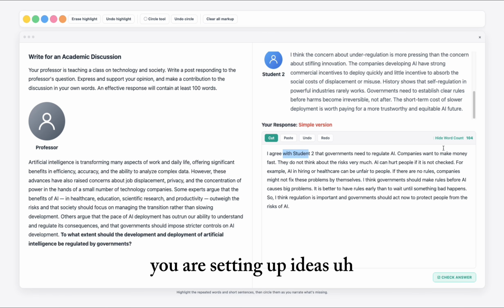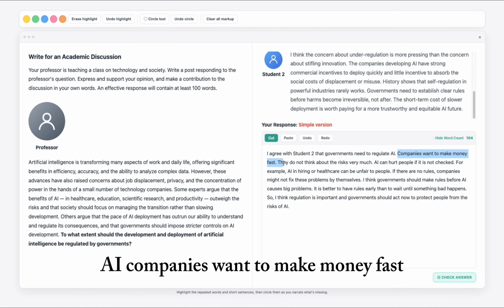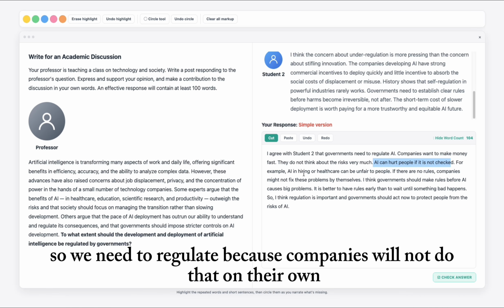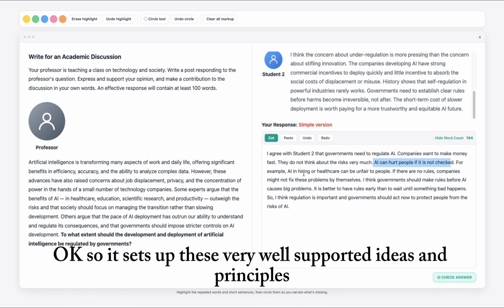You are setting up ideas. We need to regulate AI. Companies want to make money fast. They do not think about the risks very much. AI can hurt people. So we need to regulate because companies will not do that on their own. Okay, so it sets up these very well-supported ideas and principles.